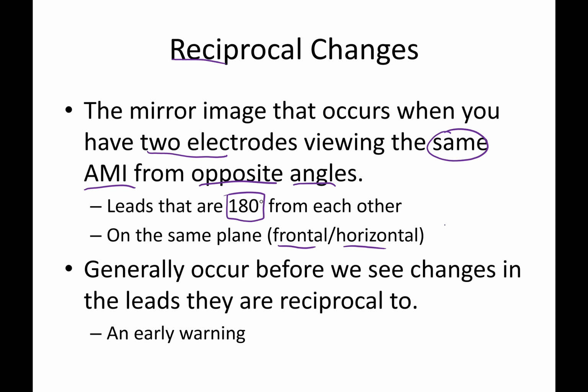So if you have AVF and 3, the two that are furthest away from that in the opposite direction are going to be AVL and lead 1. Those would be the most opposite, so therefore those would show reciprocal changes the best.